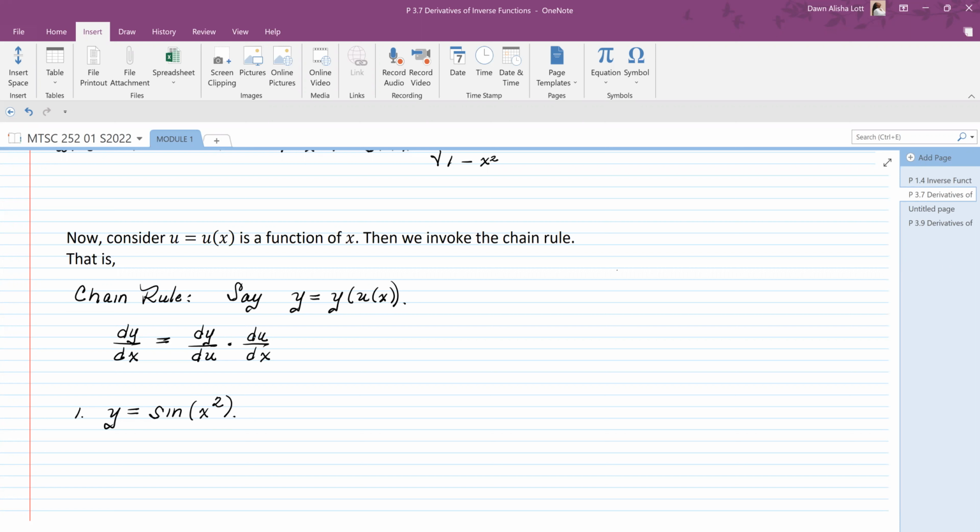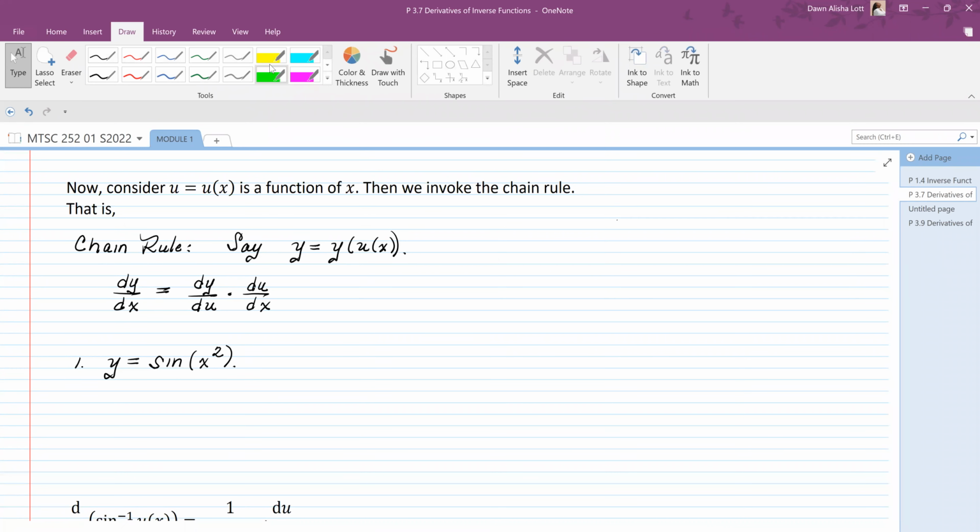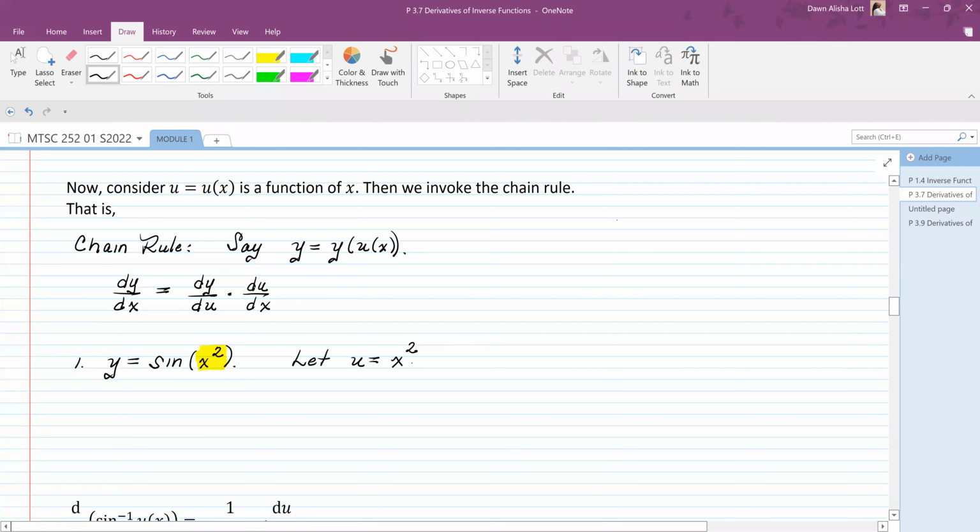So I'm going to let the inside function be u. I'm going to let u be x squared. So that's the inside function. And the outside function says y then becomes the sine of u.